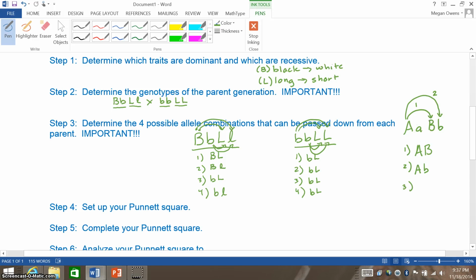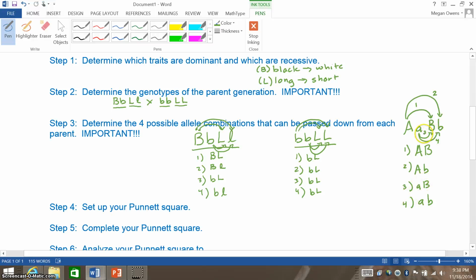My third option starts here and goes right next door, little a, big B. And then my fourth option would be little a, little b. So it's just showing you the different letter possibilities, the different allele possibilities that can be passed down.